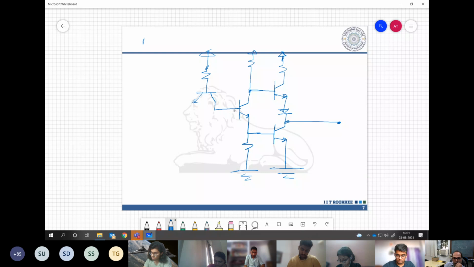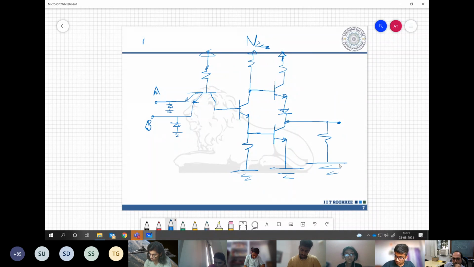And the collector is feeding the base of this driving transistor. Now we can have multiple inputs, for example, something like this. Now everywhere we have the protecting diodes. So let's say this is input A and this is input B. Everywhere this is VCC. And some resistance, of course, let's say load resistance, and then the output voltage is here.